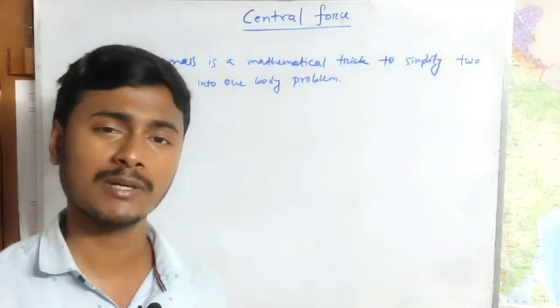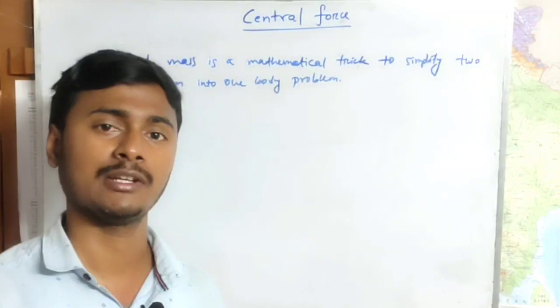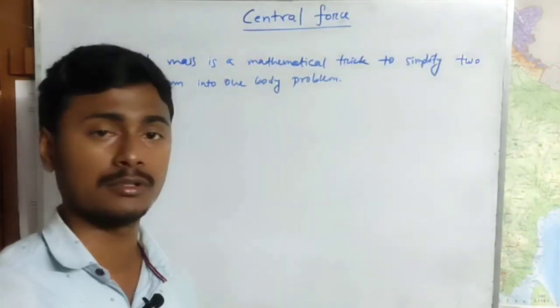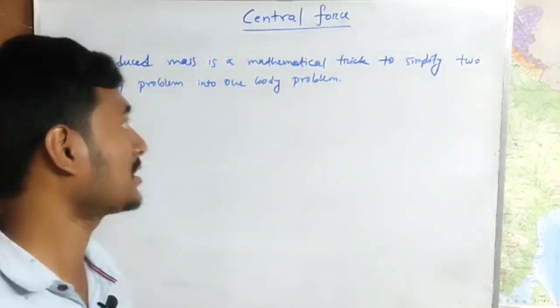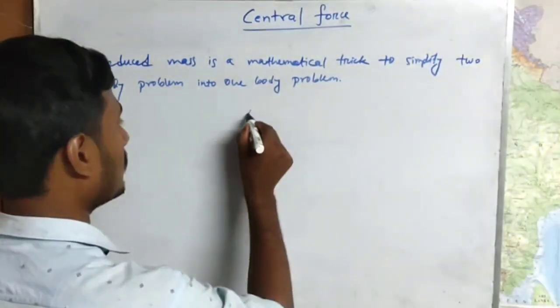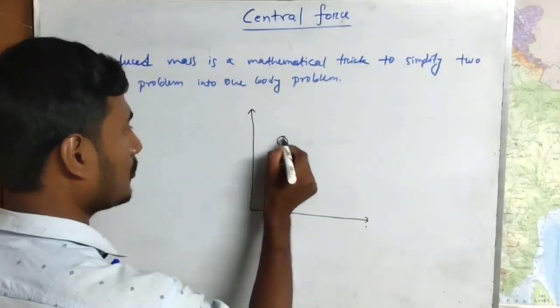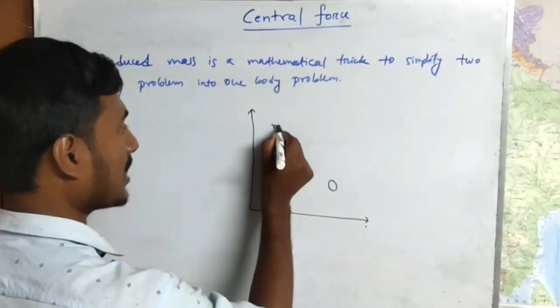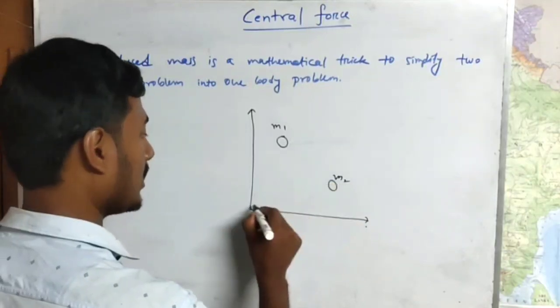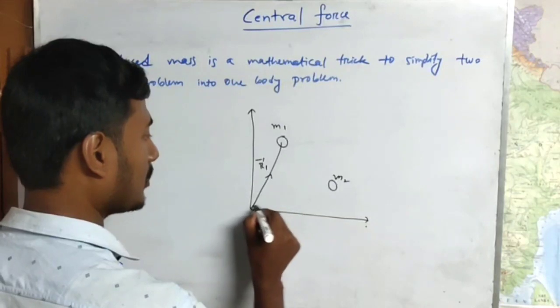The reduced mass is a mathematical concept by which we can simplify a two-body problem into a one-body problem. So let's see how this reduced mass works. Let's say this is a two-dimensional figure, and here we have two objects having masses m1 and m2, and their position vectors are r1 vector and r2 vector.